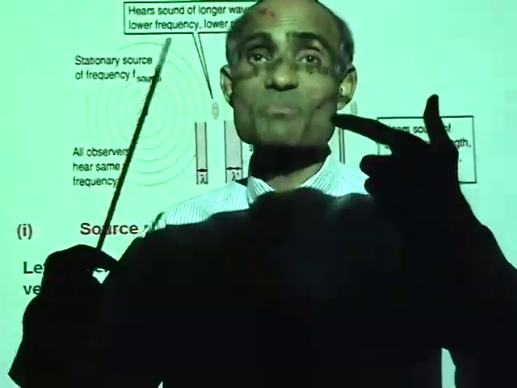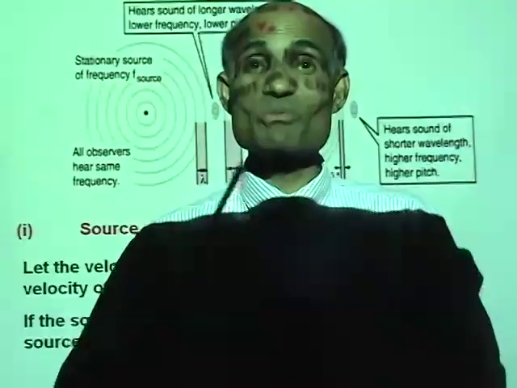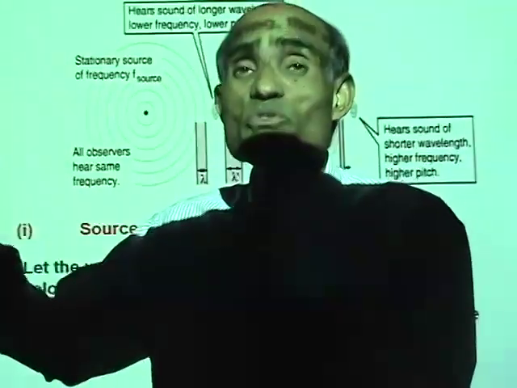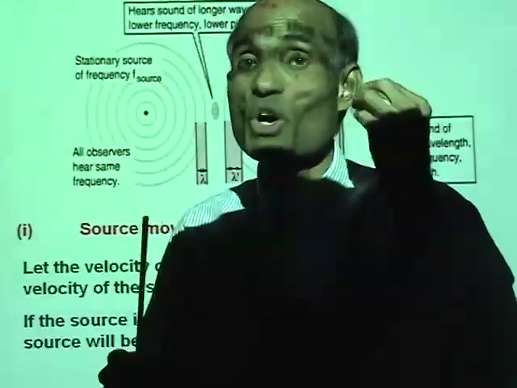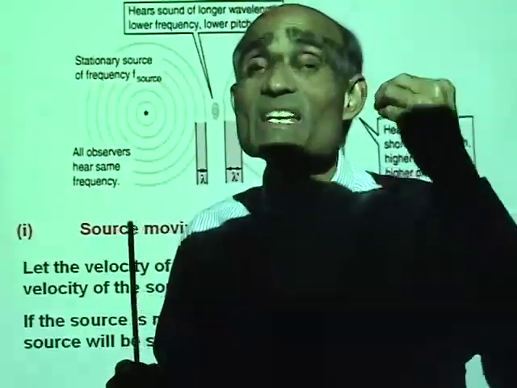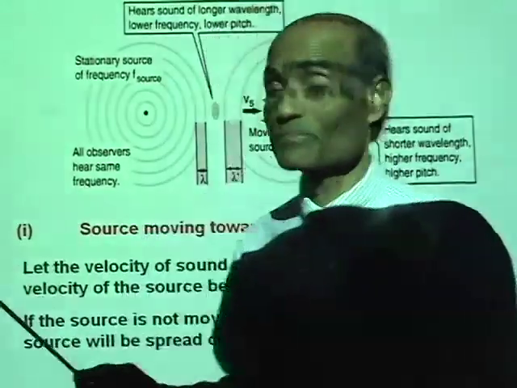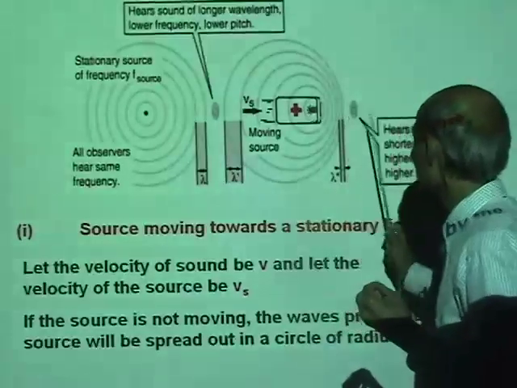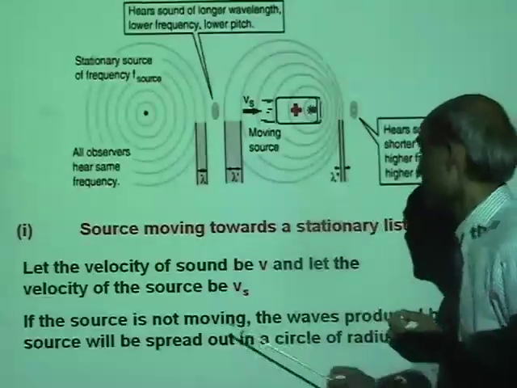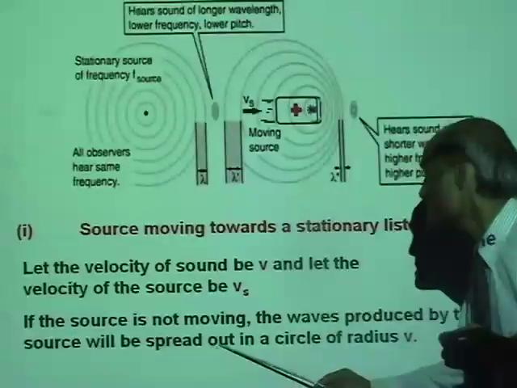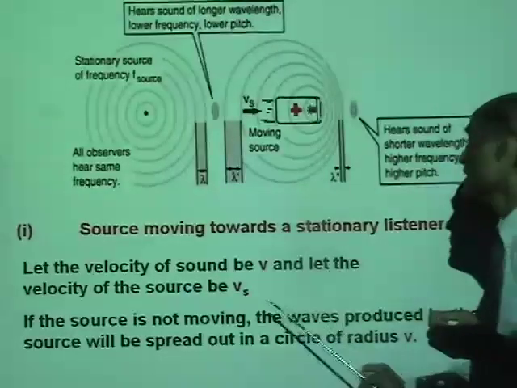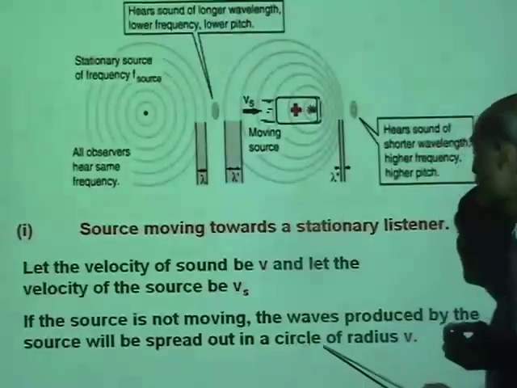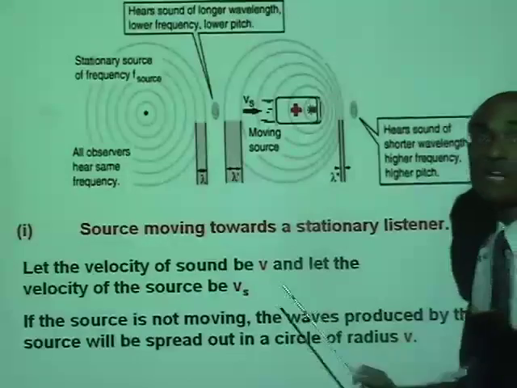10 vibrations per second. Each vibration will produce a full wave. So there are 10 waves produced per second. So the actual frequency is 10 Hertz. But if now the source is moving towards the listener, the waves produced by the source will be spread out in a circle of radius v.